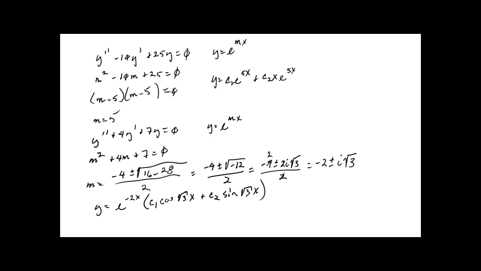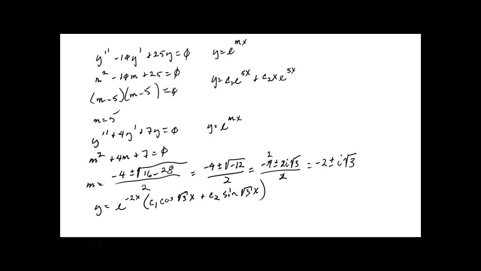So the alpha is going to be the real part, the minus 2. And then the beta is going to be the imaginary part, the coefficient of the i, whatever that is. You don't need plus or minus sign, just keep the sign with the alpha, the beta is just that number. Is this a case 3?